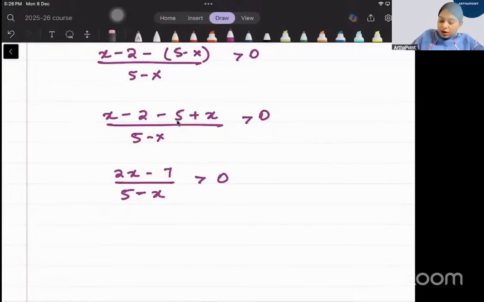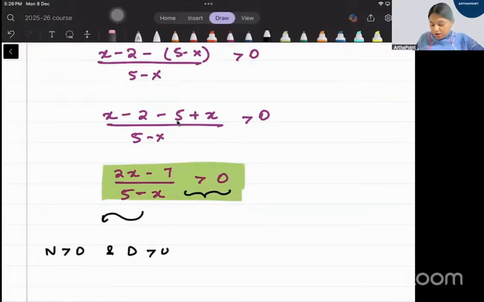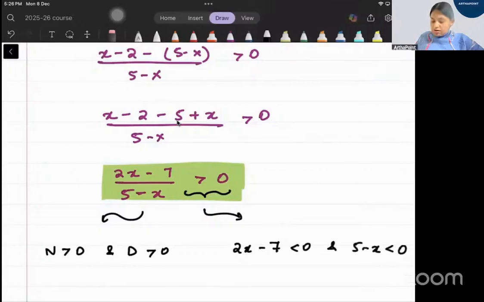Okay. Now this is a fraction. When is a fraction positive? A fraction can be positive if both numerator and denominator are positive, or if both numerator and denominator are negative.